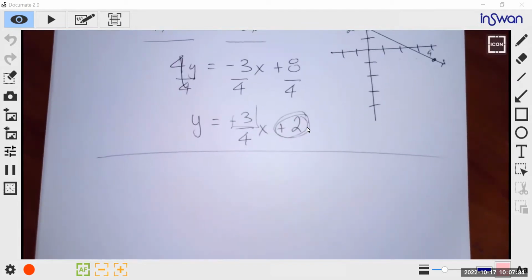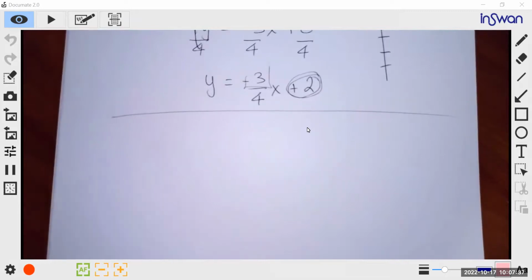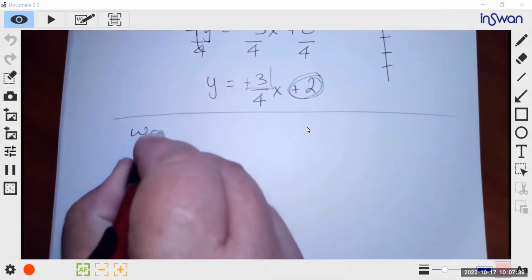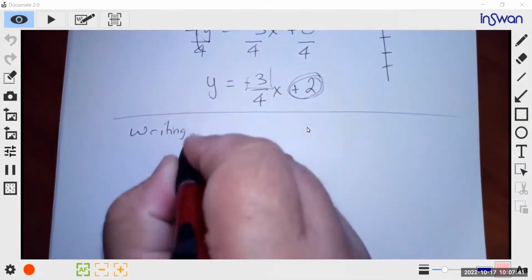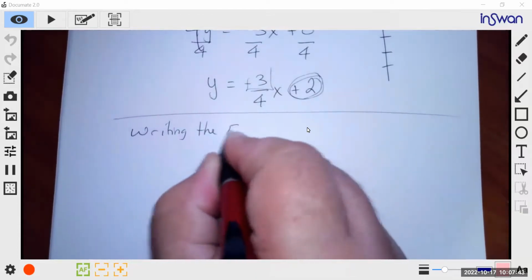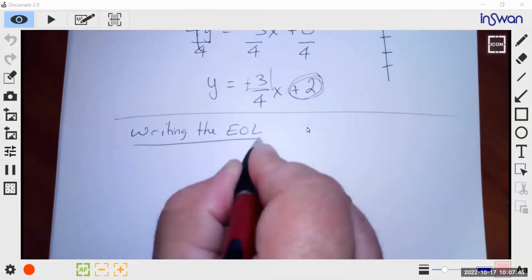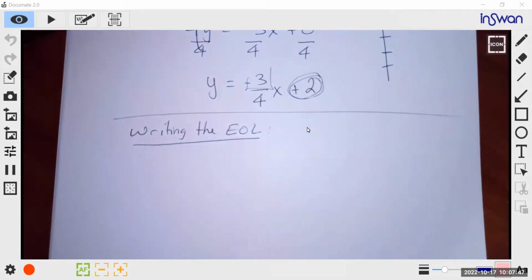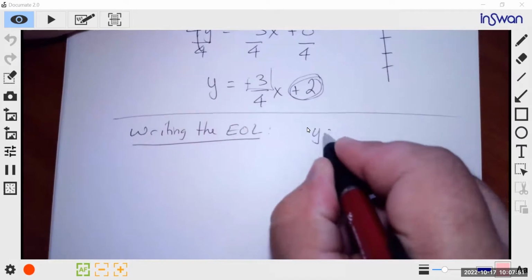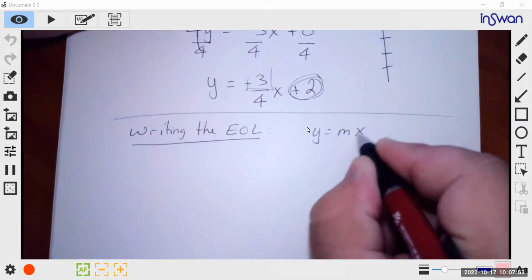Okay, those were graphing ones. Now we're going to get to writing the equations of the lines. For right now, we're only going to be using the slope-intercept form.